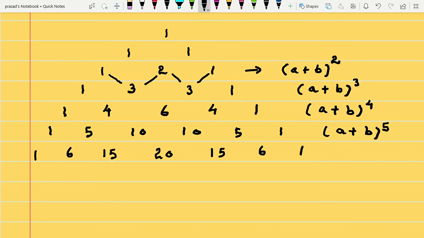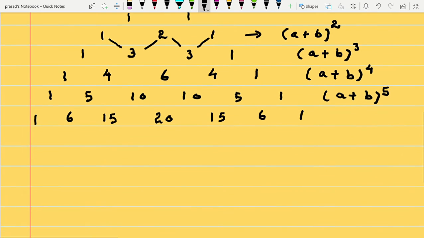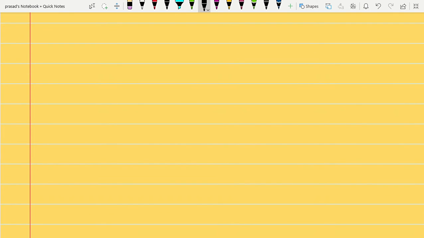Okay, so this is the Pascal's triangle. So let us do some of the expansions here. Let us do some problems here. So first one, take 2a plus 3 to power 4.